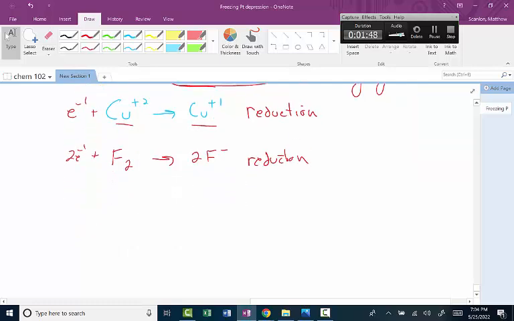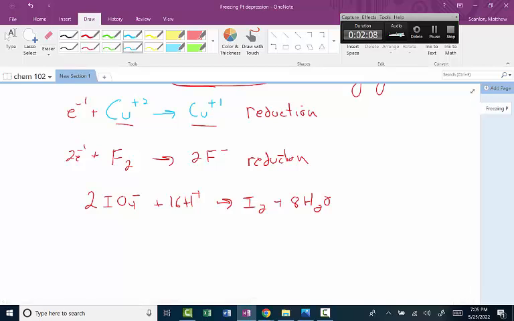Now we'll look at something a little more complicated. 2IO4- plus 16H+ yields I2 plus 8H2O. Now we've got to figure out what's being reduced and oxidized, so you've got to do your oxidation numbers. Oxygen over here is -2, hydrogen is +1, iodine is 0, hydrogen is +1 here, oxygen is -2, and iodine here, let's see, that would be -8 total, so it's got to be +7.